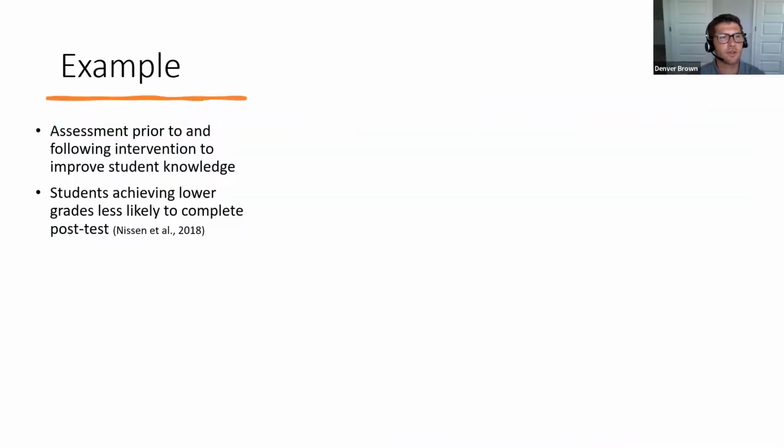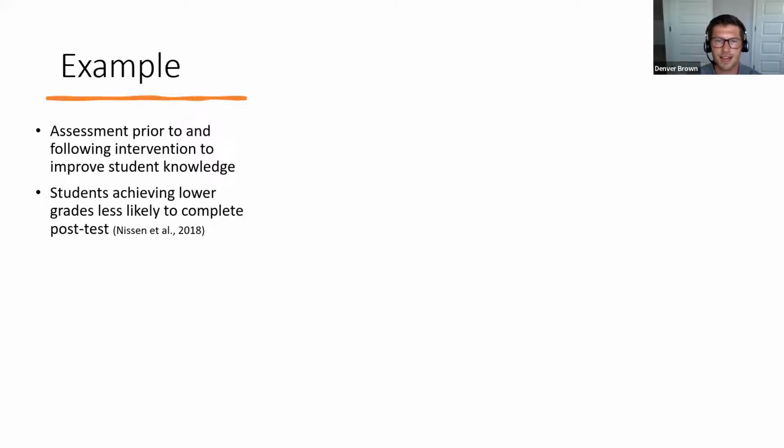All right, so I talked about giving you an example of the disparities that can occur if we just use something like listwise deletion. I'll walk you through this example of how missingness can influence our findings, using data from Jason Nissen and Ben Van Duzen. This is looking at assessment prior to and following an intervention to improve student knowledge.